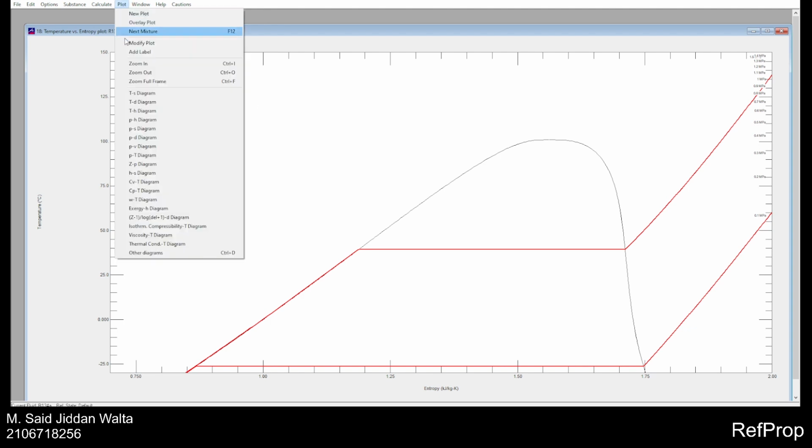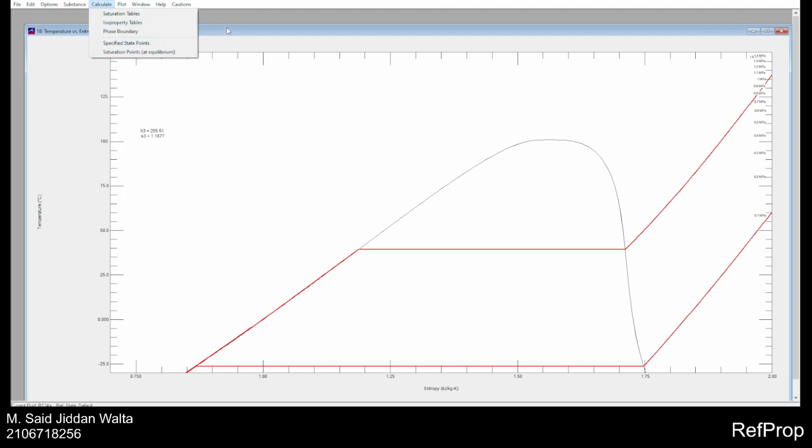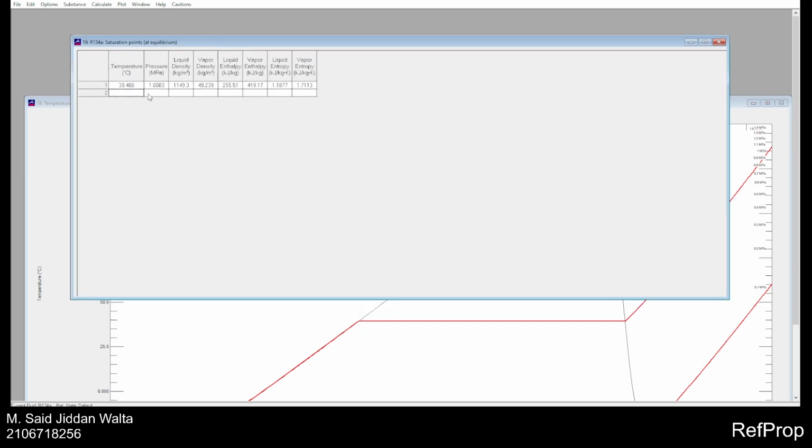To do so, we can use the same table, the saturation points at equilibrium, and we can just input the pressure of 0.1, and we can find that the temperature is minus 26.361 degrees Celsius. And the problem states that the temperature at the inlet of the compressor is 6.4 degrees superheated from the saturation temperature. So we just add 6.4 to this value, where we get around minus 19.939 degrees Celsius.